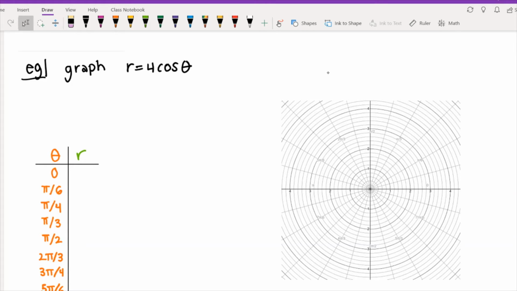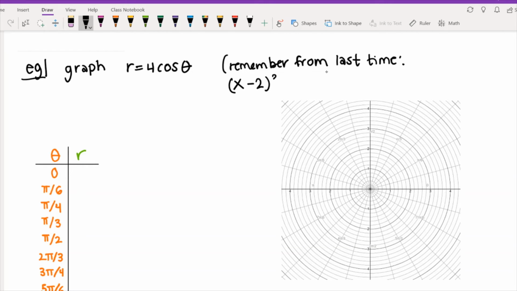And if you remember what that ended up being in rectangular coordinates, I'll write it off to the side here, but we're not going to be using that to help us graph it. It's more just to compare. So remember from last time, we translated this into rectangular coordinates, and we got, I believe it was x minus 2 squared plus y squared is equal to 4, I think.